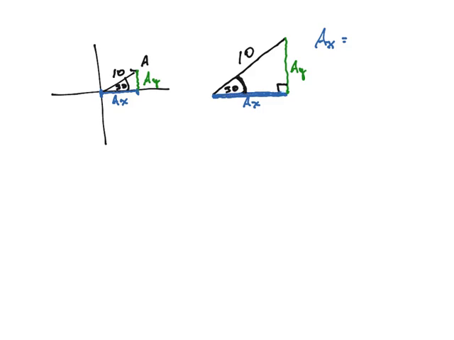This side is right next to the angle, so it's adjacent. And SOHCAHTOA says if I have adjacent, that goes with cosine. And if you remember what CAH meant, it says cosine of theta is adjacent over hypotenuse.